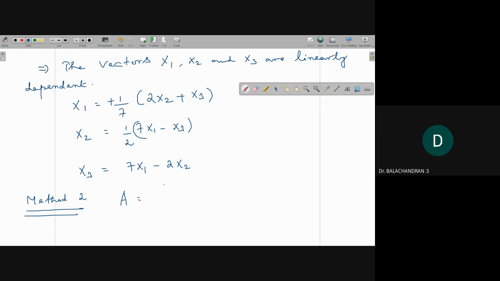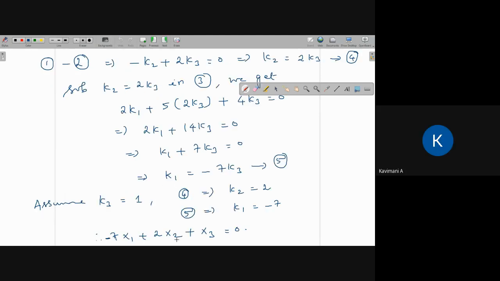Can anyone tell? 2x2 equal to 7x1 minus x3, so x2 equal to what? 1 by 2 into 7x1 minus x3. Is it correct? Okay, sir.